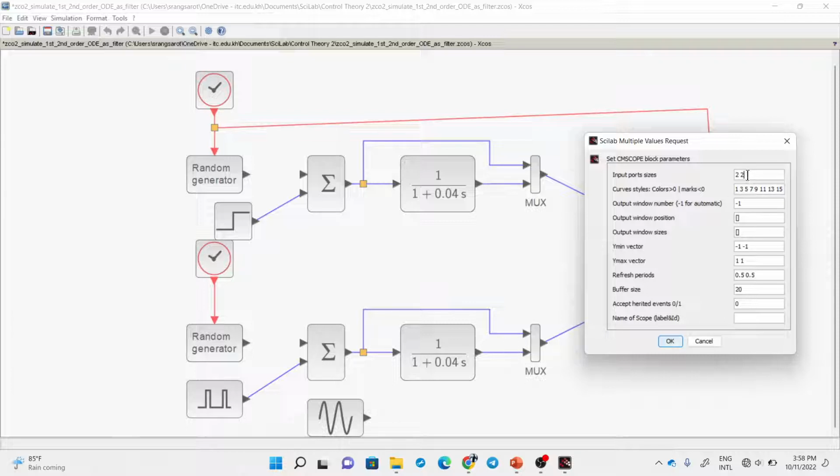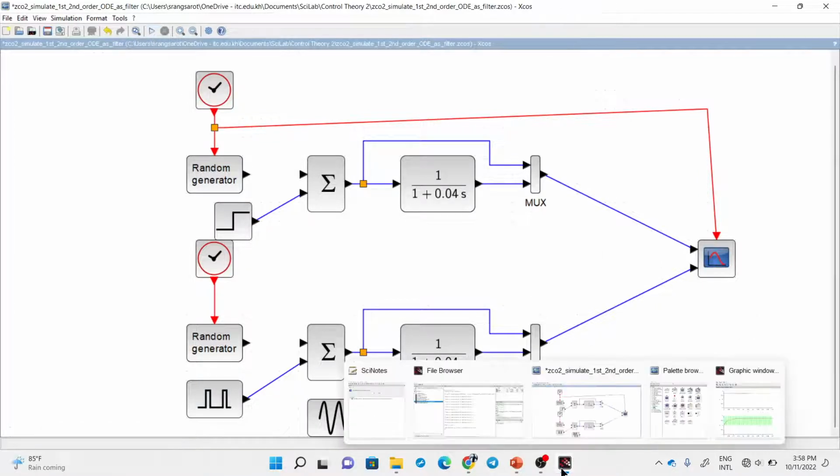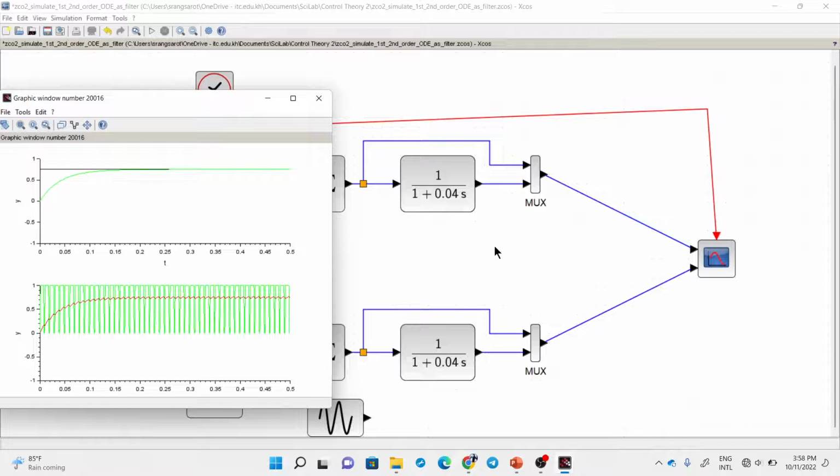That's why you need to use 2 like this. Okay, min and max you define like this. Refresh period again 0.5, and then you can get a graph like this.